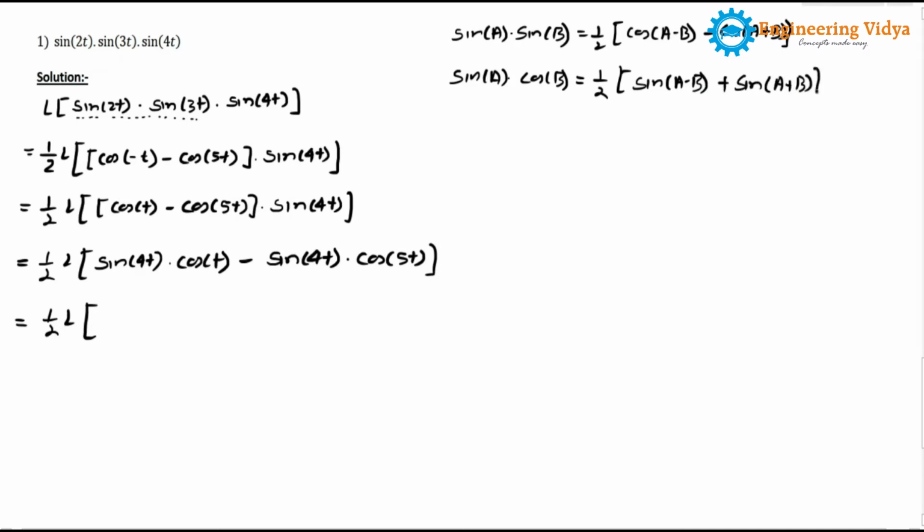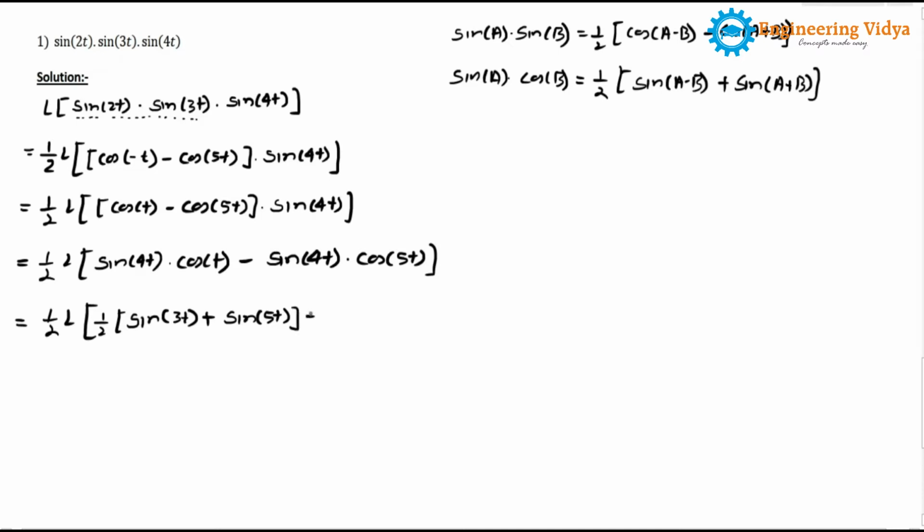So we get 1 by 2, and in the bracket sin of a minus b, where a is 4t and b is t. 4t minus t will be 3t, so sin of 3t, and then plus 4t plus t will be 5t, so sin of 5t will be there.